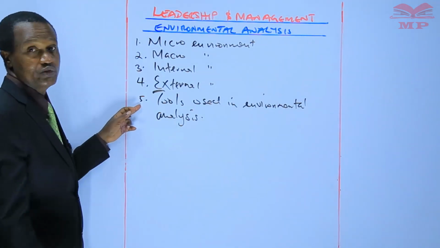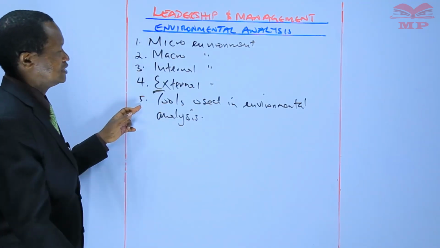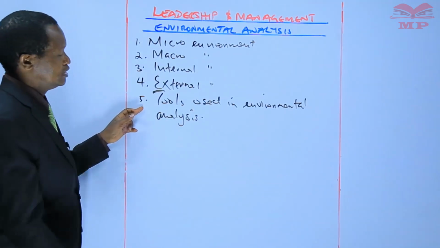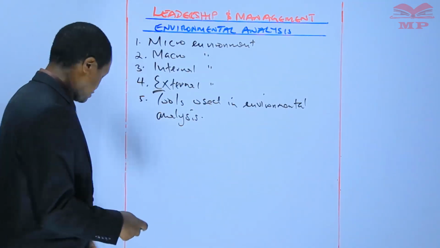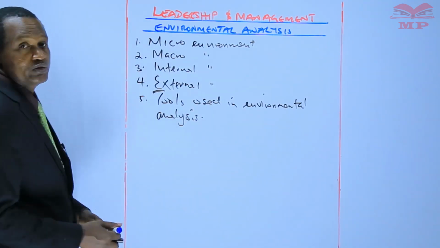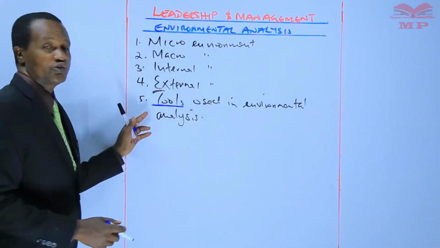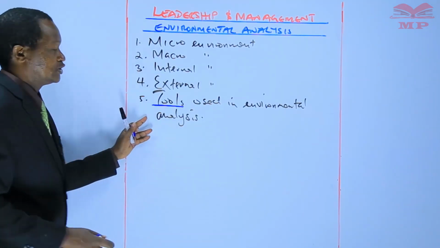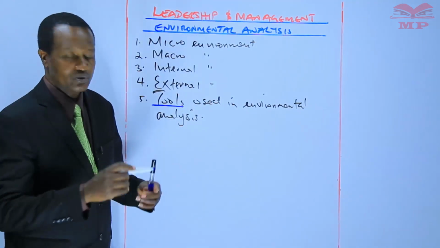We shall be studying tools like the SWOT analysis, the PEST analysis, the BCG. There are many tools. The syllabus is not specific on the number of tools that we need to cover. We'll try the much we can to cover the main tools that are used in environmental analysis.